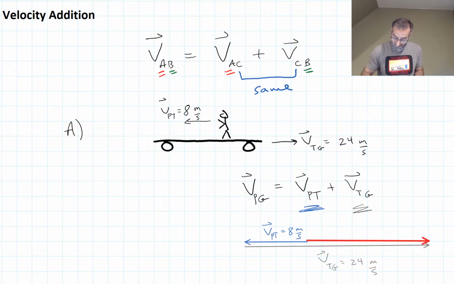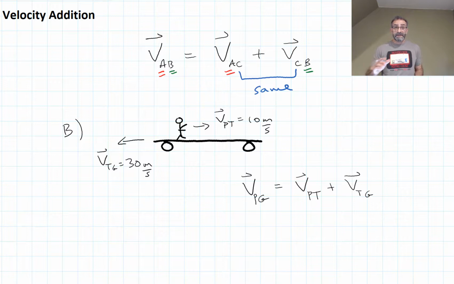That's the velocity of the person with respect to the ground. And I get out my ruler and my protractor. I see it points to the right, and I see it has a magnitude of 16 meters per second. We didn't really need to do graphical vector addition to figure this one out. But let's keep working, and you'll see it is handy when the problems get a little more complex.